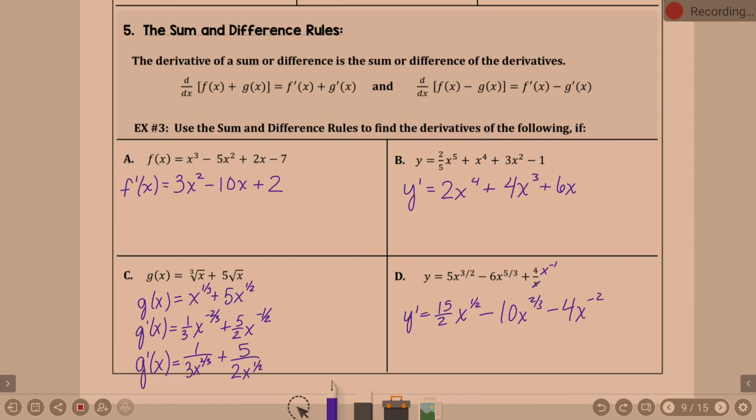So negative 1 times 4 is negative 4, and then subtracting 1, you're at x to the negative second. And then for the final answer there, 5 halves x to the 1/2 minus 10x to the 2/3 minus 4 over x squared.